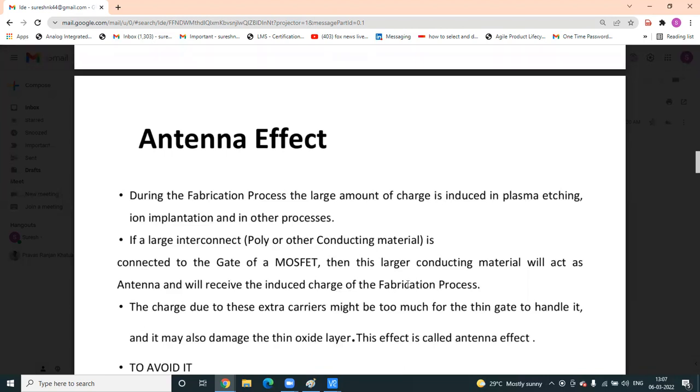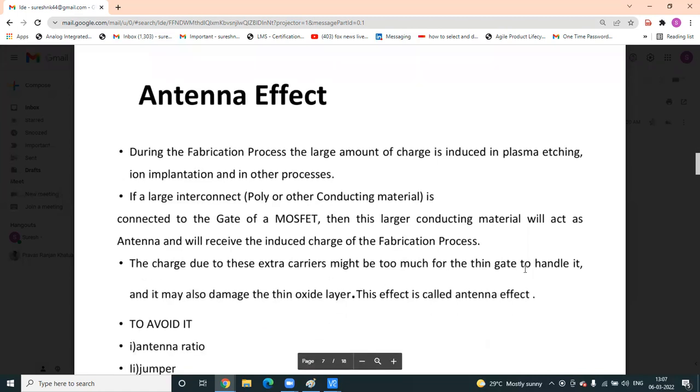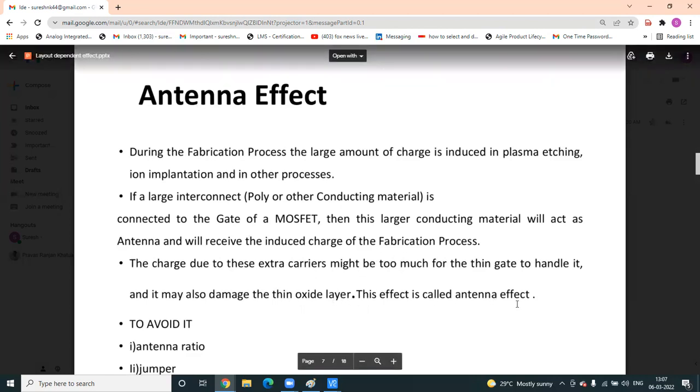This extra number of charges the gate is not able to handle, because it is made of thin gate oxide, a very thin layer. If more charges are there, it will not be able to handle them. So it damages the thin gate oxide. That is called antenna effect.